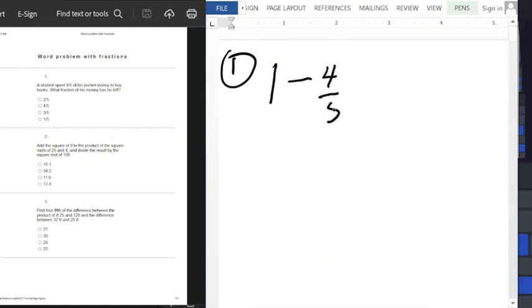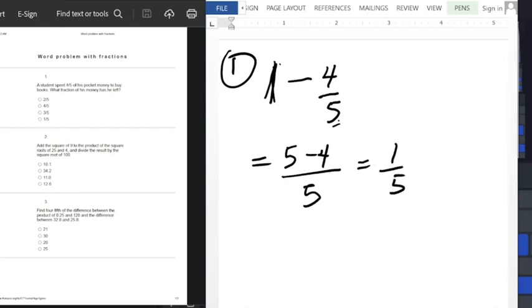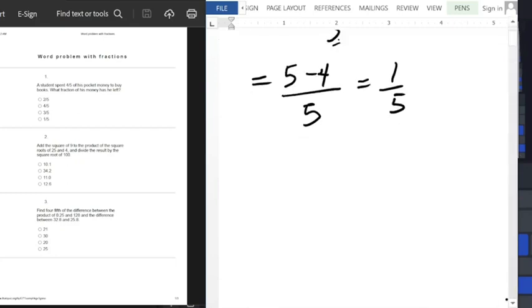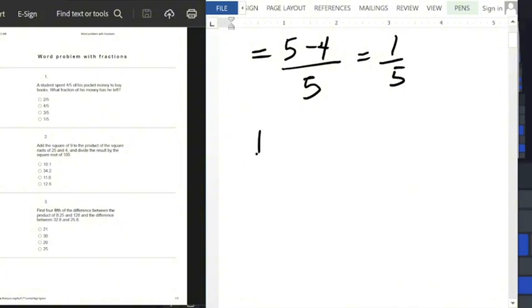So the fraction of his money he has left: anytime you are subtracting a fraction from 1, you just subtract the numerator from the denominator, 5. That means 5 minus 4 all over the denominator 5. So that gives us 1 over 5.